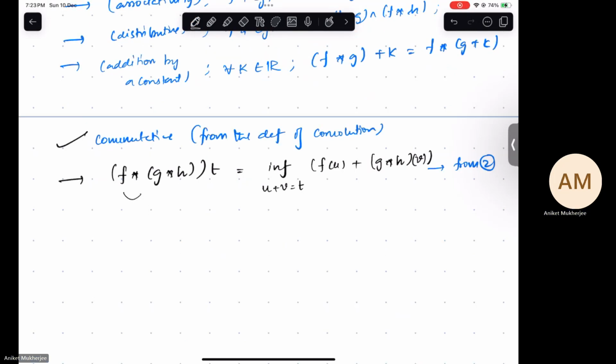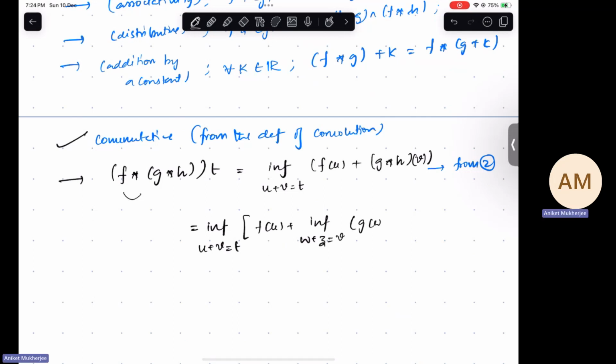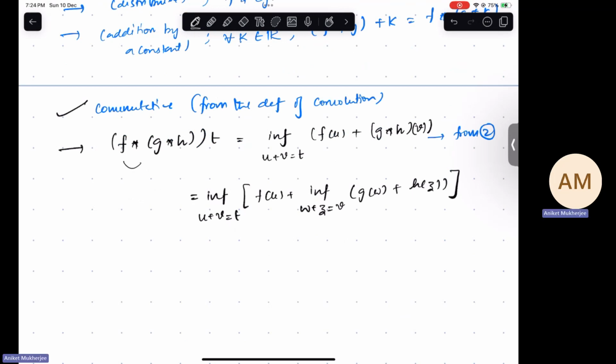So now you expand the inside: u plus v equal to t, and you have f of u plus the infimum over w plus z equal to v of g of w plus h of z. Now, the argument of this f of u does not depend on the variables the interior infimum is taking.